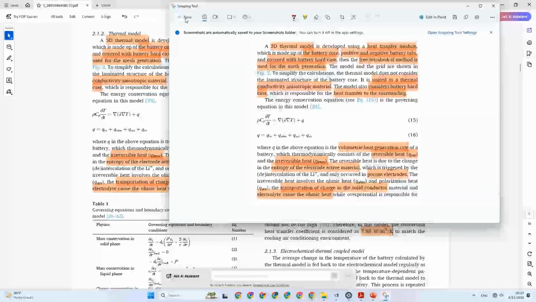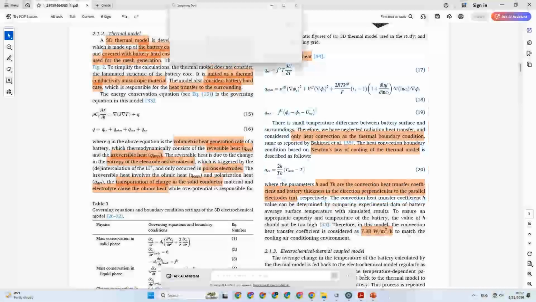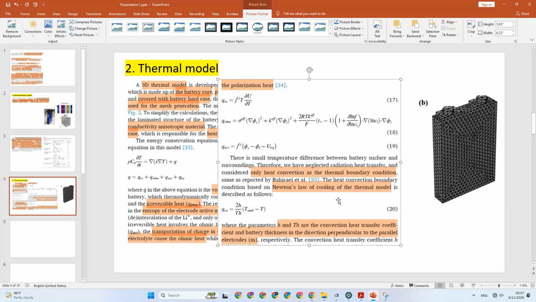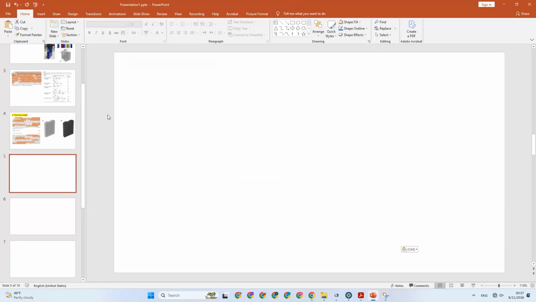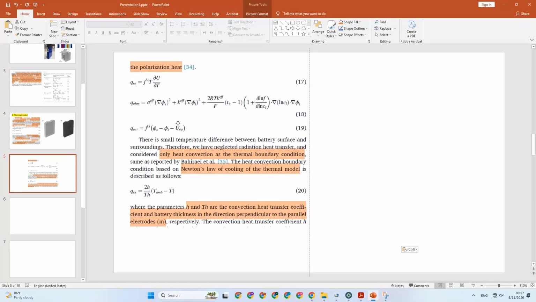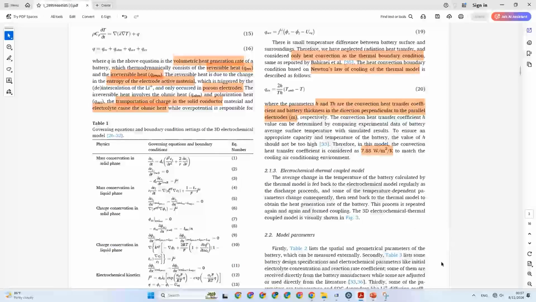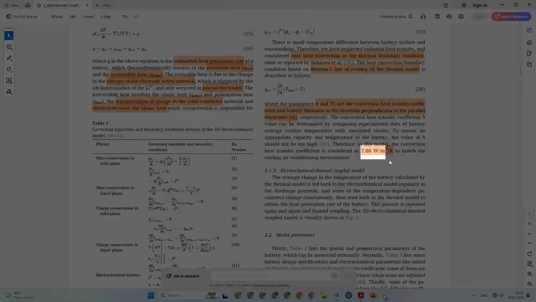I just use a new page and bring it till there, or maybe you can bring it in a new page. Nice. And just I copy the highlighted value.